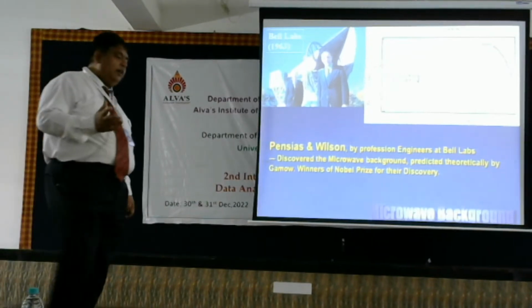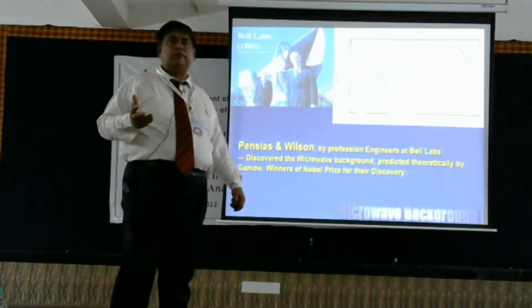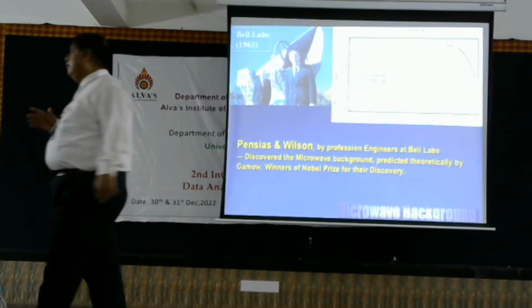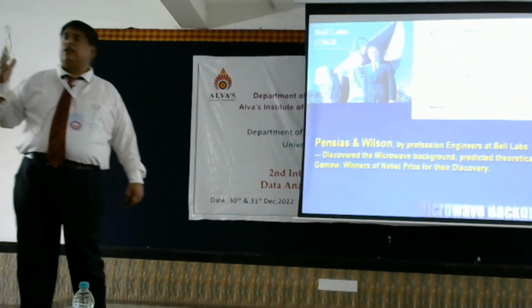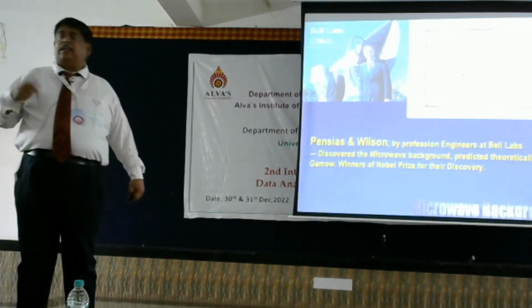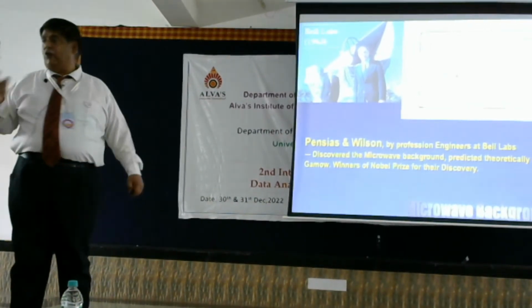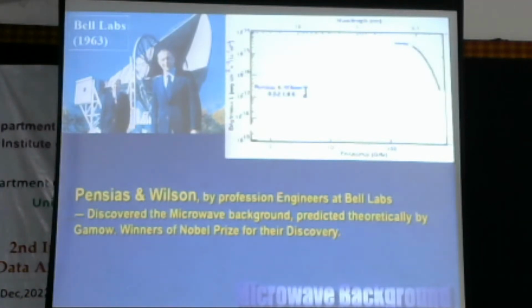Then they read up some astronomy journals by Gamow, and Gamow said that if there was a Big Bang, there would be a primordial radiation field. These people published their noise and got a Nobel Prize.